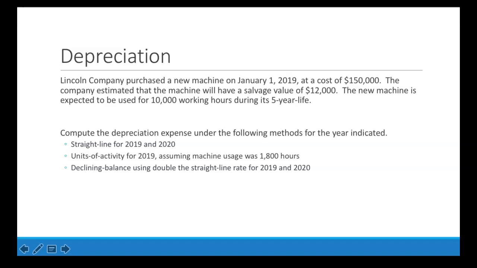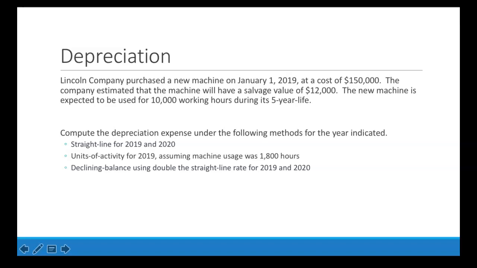The first piece of information is that this machine was purchased on January 1st, 2019. Knowing that date tells us that 2019's depreciation is going to be for the full year. Sometimes you might purchase a new machine halfway through a year, and that changes the way you calculate your depreciation.